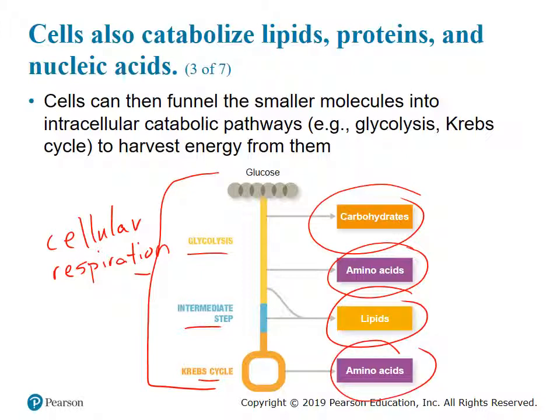Through the process of cellular respiration, those steps, some of the middle products between glucose all the way down to all your electron carriers can be brought in and made into carbohydrates. Amino acids can be made into lipids, and the Krebs cycle here can be made into amino acids. So organisms can take middle steps between all of the cycles and convert them back into things they need at a given time.